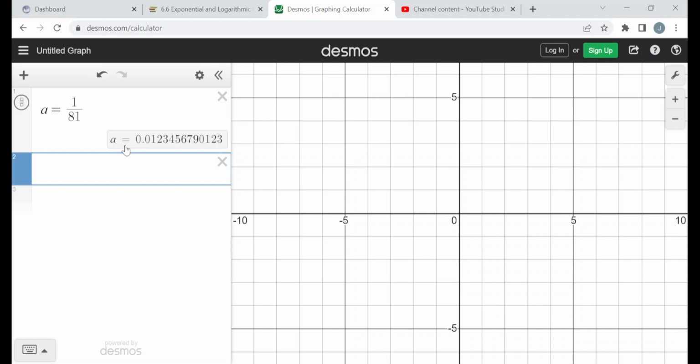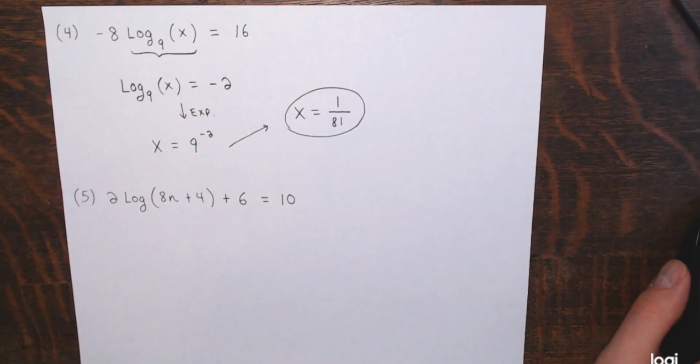And then we have negative 8 times the log base 9 of A, and you see it's equal to 16. The right side was 16. And I plugged A into the left side. It makes it true. 16 equals 16. Wonderful.